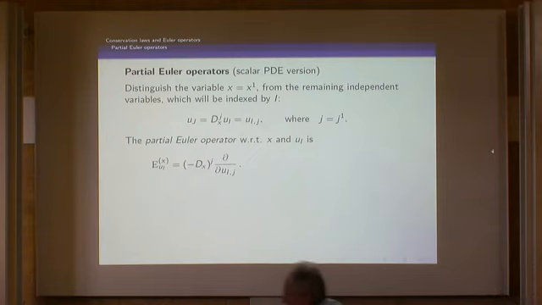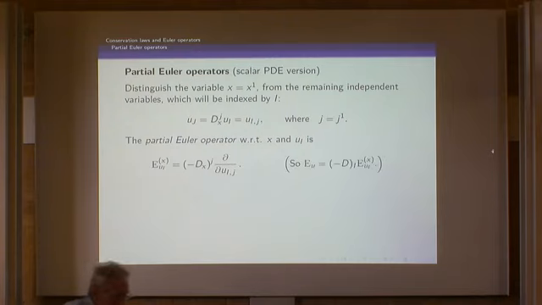Then the partial Euler operator with respect to x and ui is this operator. Now it looks like the Euler operator for an ordinary differential equation, in the sense there's only one direction which you're differentiating, the x direction, and ui is the basic variable we're differentiating with respect to, and then its x derivatives.